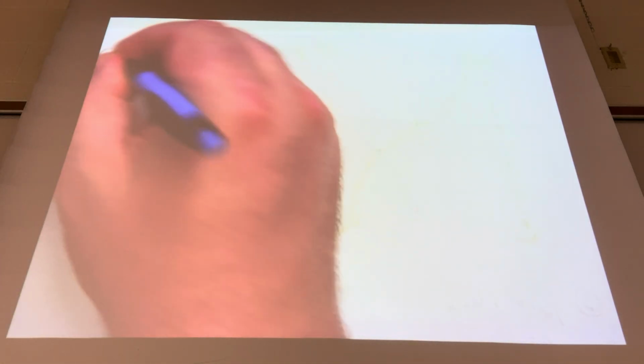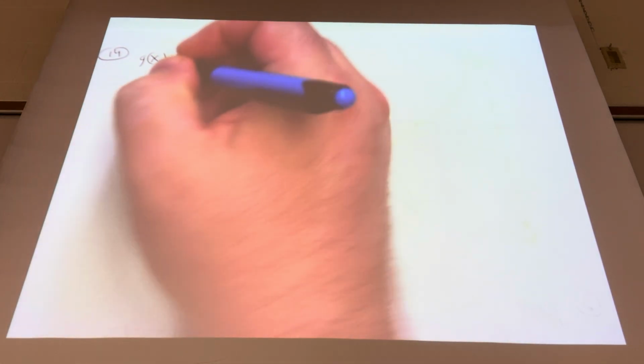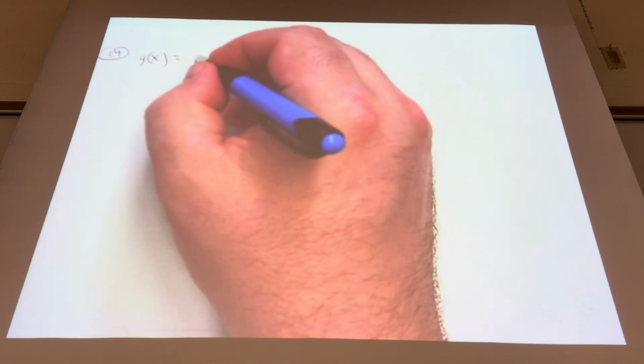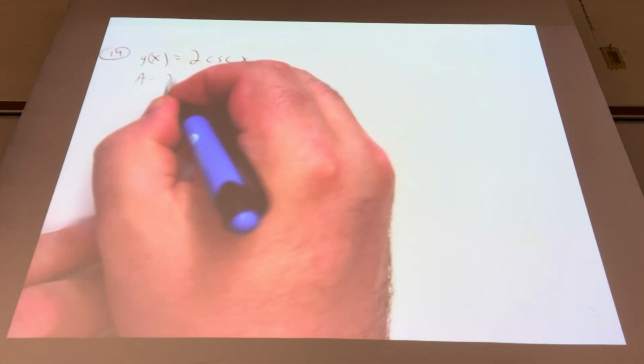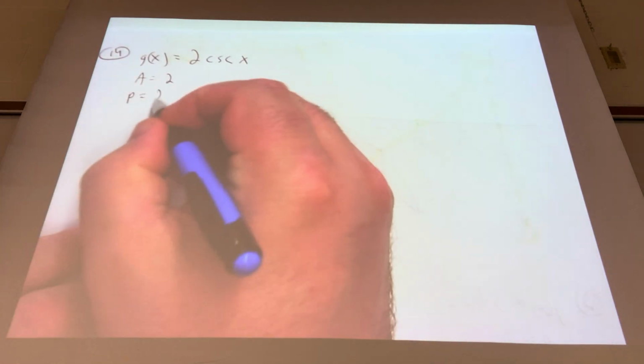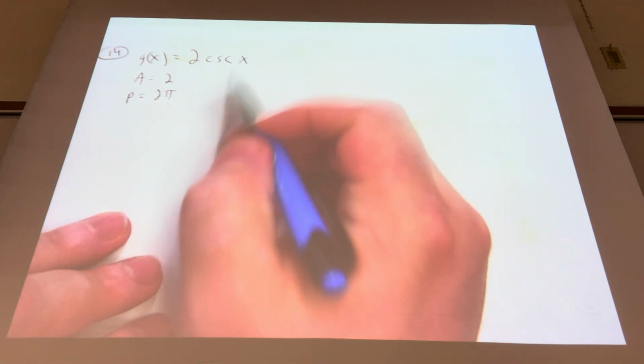So let's go to 14. 14 says g of x equals 2 cosecant x. So, amplitude, 2, period, 2 pi. Remember, cosecant goes with sine, so it's 2 pi divided by b. b is 1 here, so we got 2 pi.